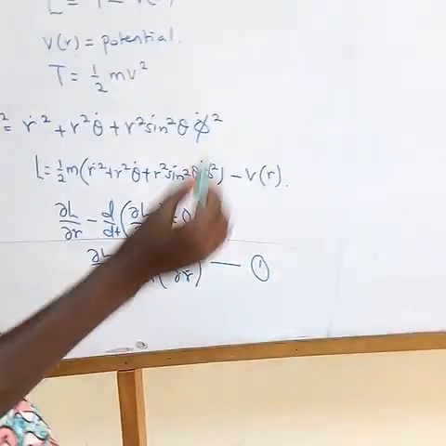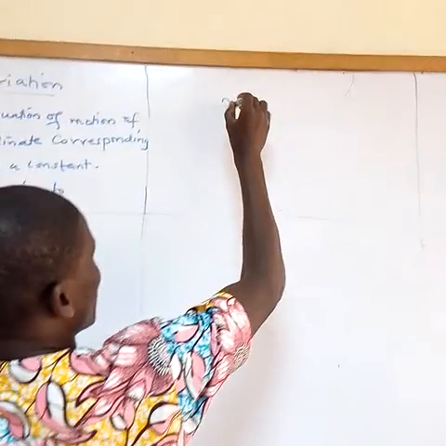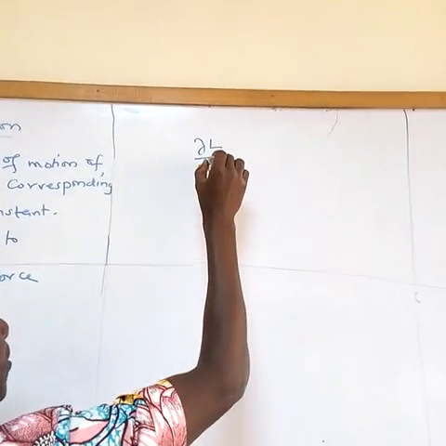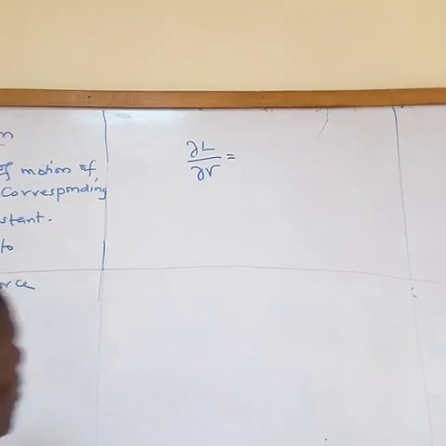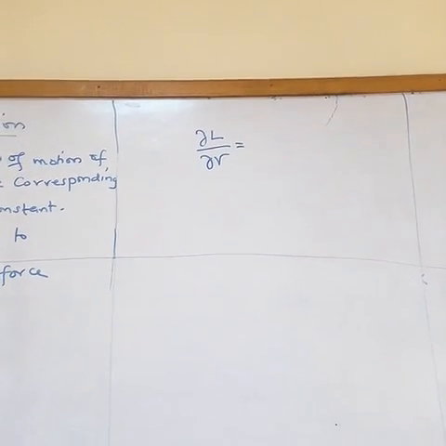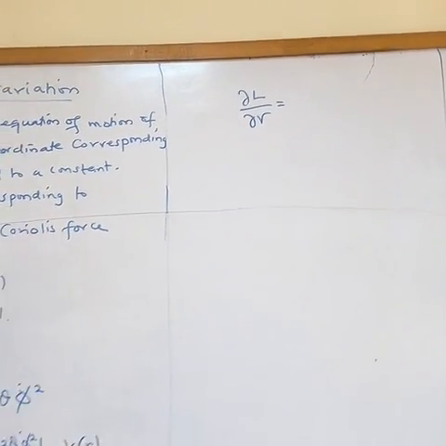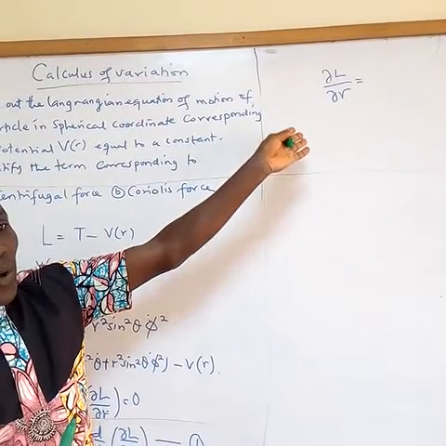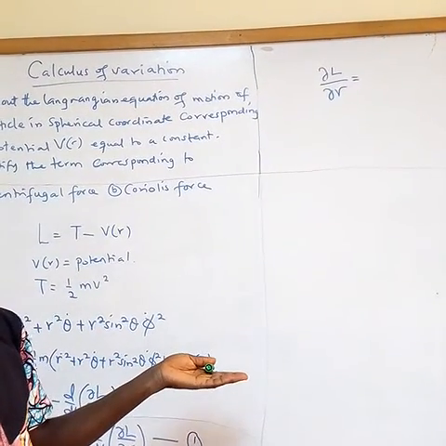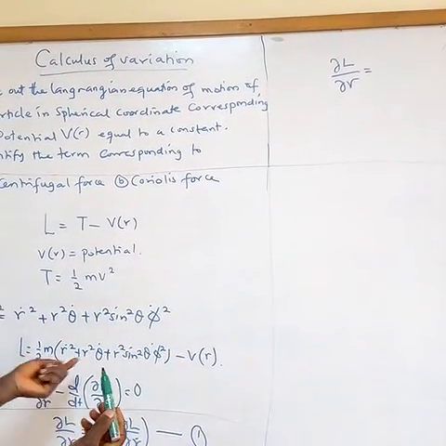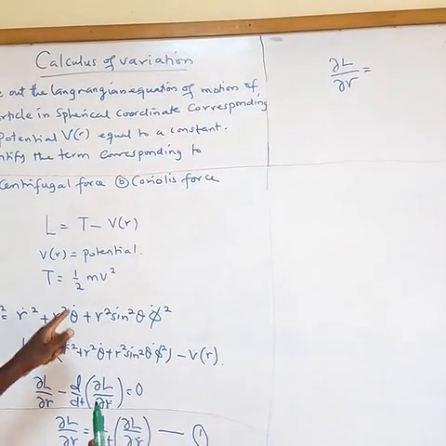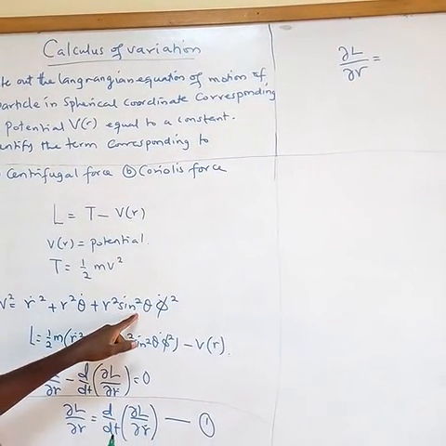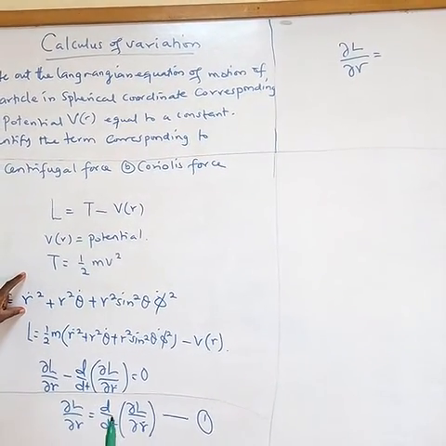So from here, what is our partial of L by partial of r? We were told that the potential is a constant, which means that if we differentiate it with respect to r, it will give us 0. So automatically what we are going to differentiate is this one. This one actually contains r, this one contains r, but this one contains r dot.